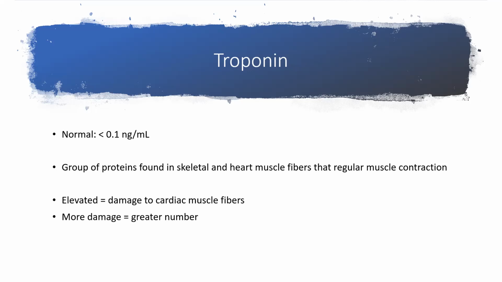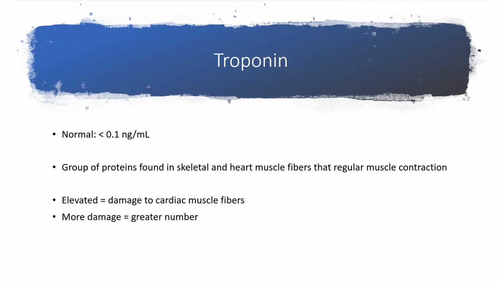Okay. The other thing we do is we trend troponins. And what I mean by trending troponins is that when you come into a facility complaining of chest pain, they draw a troponin level, and then 6 hours later, they draw another troponin level, and then 6 hours after that, they draw a third troponin level, because we want to see if there's elevation.